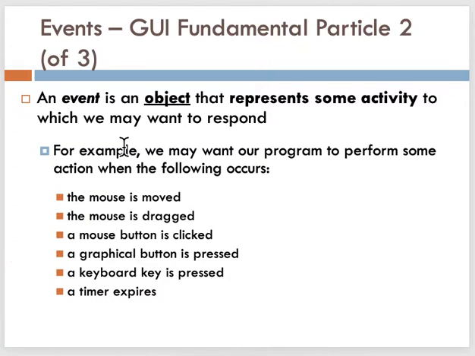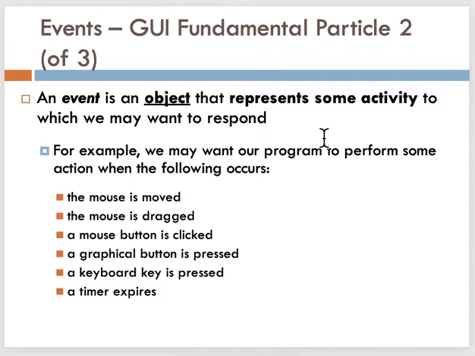So the final thing that I want to talk about is to go through and follow through that example a little bit. So an event would be some object that represents the activity that you might want to respond to, or that a listener or your program might have some response to.